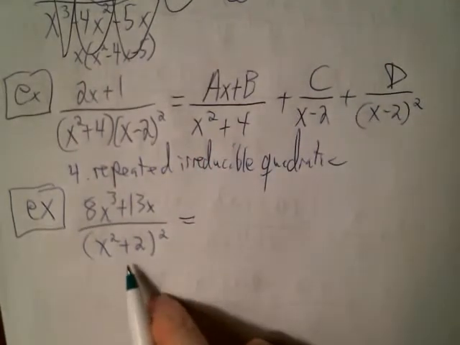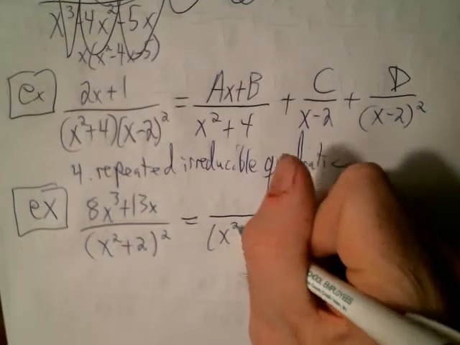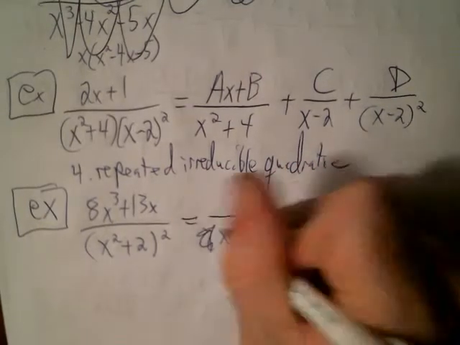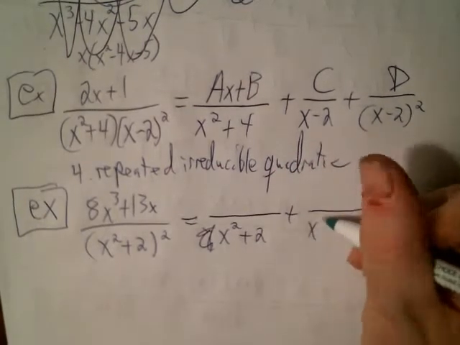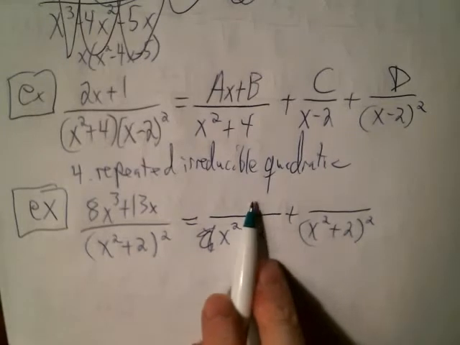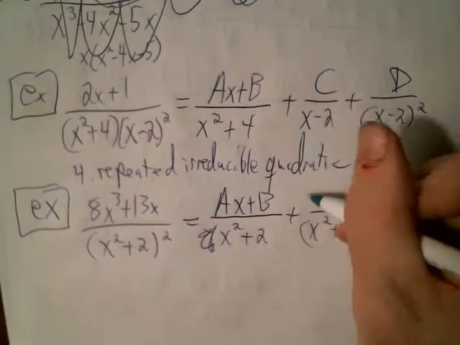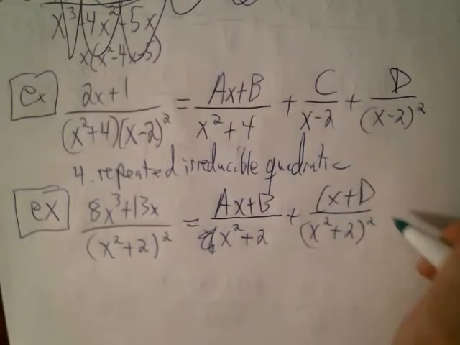It's a repeated irreducible quadratic, so I need two fractions: x squared plus 2 to the first, and then another one, x squared plus 2 to the second. Up top, you still need to put linear expressions, so ax plus b, and then plus cx plus d.